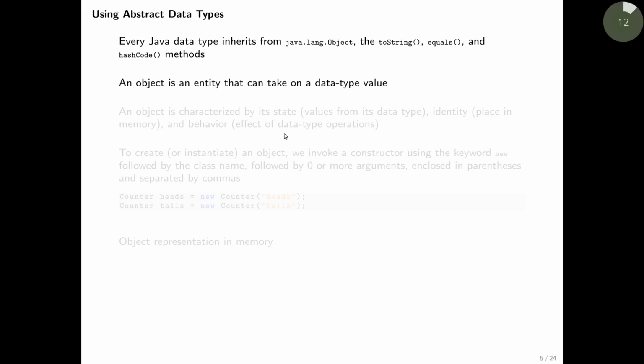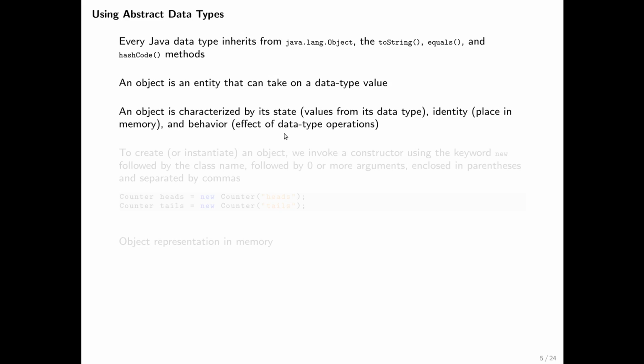Now, an object is an entity that can take on a data type value, and this will become clear later on. An object of a data type is characterized by three things: its state, meaning the values from its data type, its identity, meaning the place of the object in memory, and also its behavior, which is characterized by the effect of the data type operations.